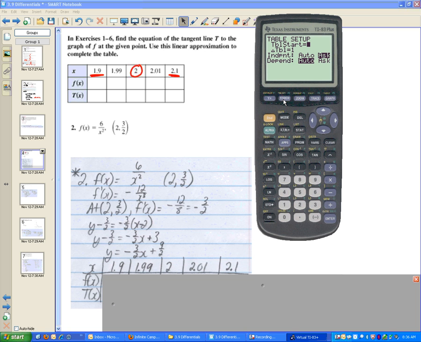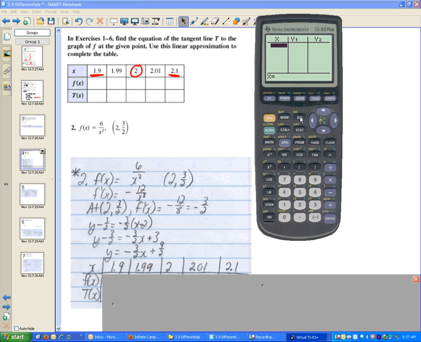Everybody caught up with me? So y1 is the function, y2 is the tangent line. Set your table to ask for the independent variable, and we should be able to knock this table out in just a few keystrokes. So then we go to table, and we get rid of all the stuff that's already on there.